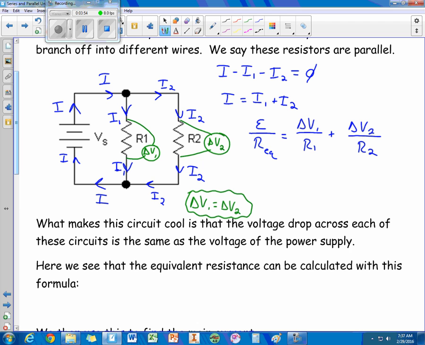And in this particular circuit, all the voltages are the same, so they would all cancel out. And what I'm left with is that 1 divided by the equivalent resistance would equal 1 divided by R1 plus 1 divided by R2.